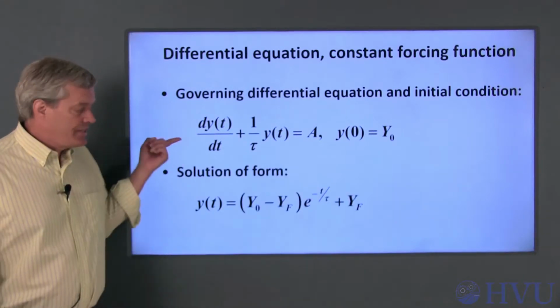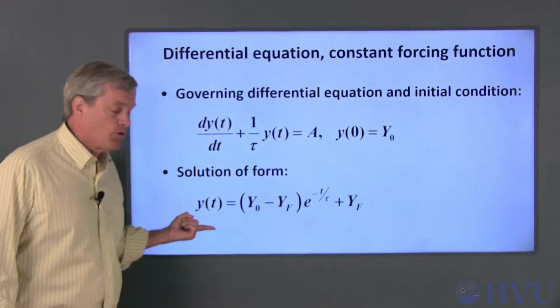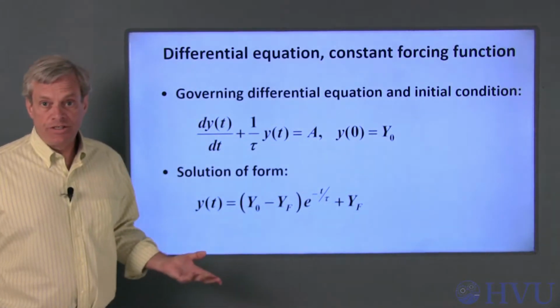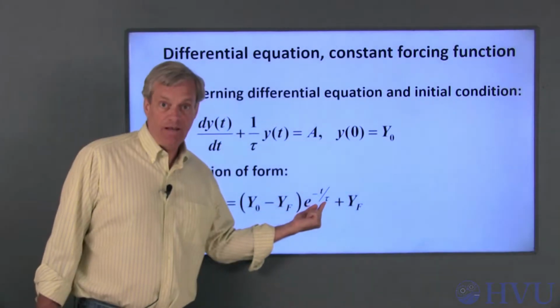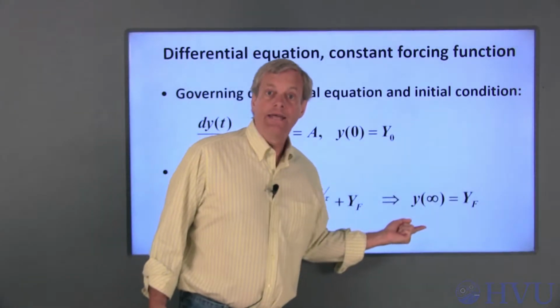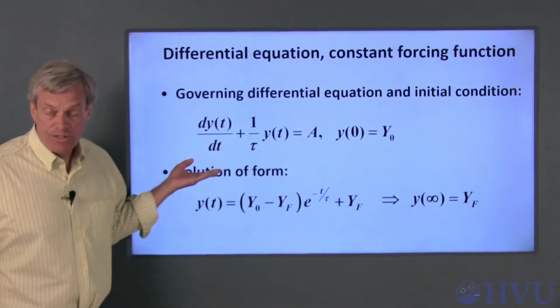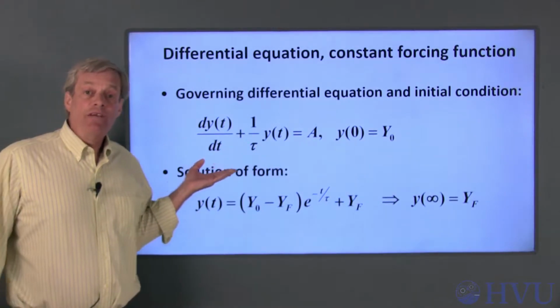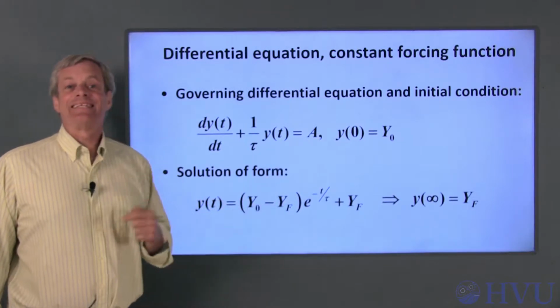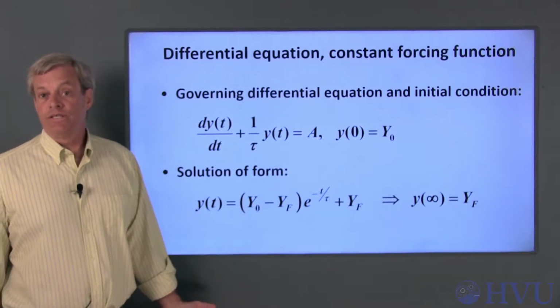The solution to this differential equation with this initial condition has this form. Y0 is the initial condition and tau is the time constant. YF is the value of y as time goes to infinity, which is the particular solution to the differential equation. Solving this differential equation is the same as determining the response to the corresponding RL or RC circuit.